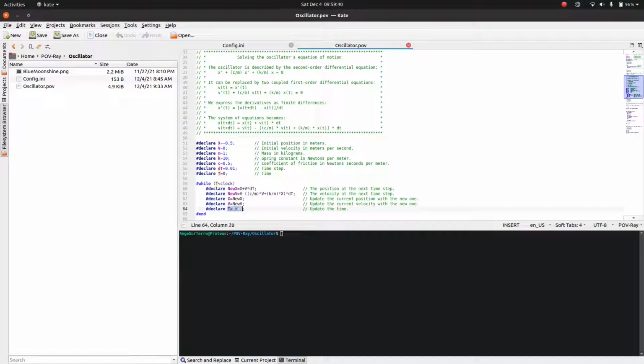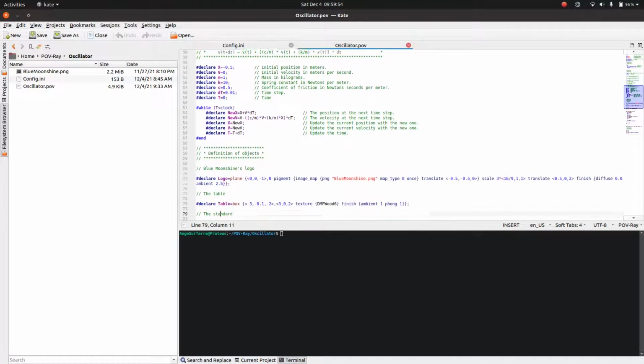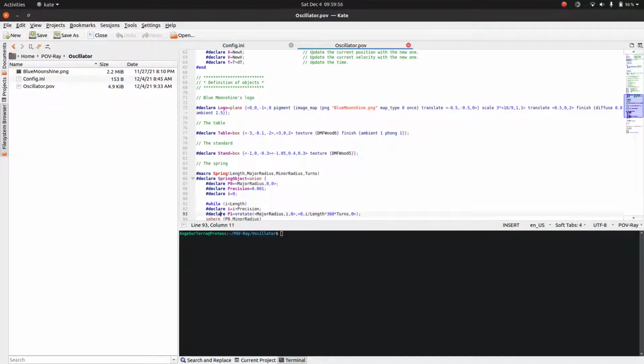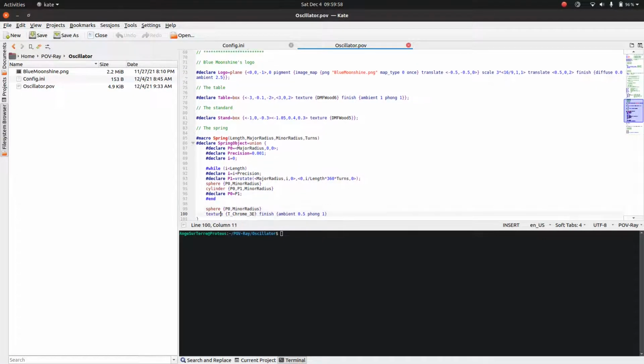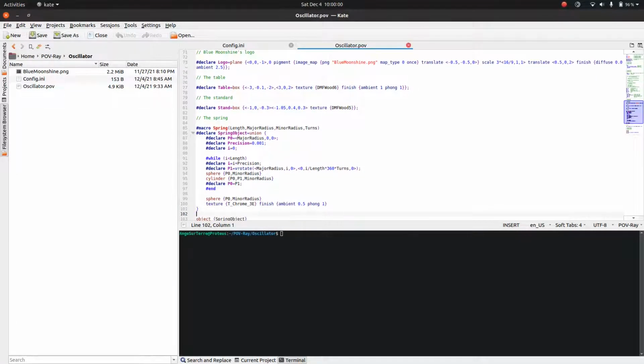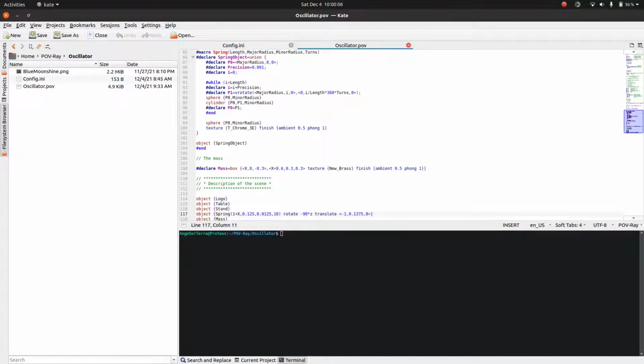We increment here our time step and we loop until the time of the simulation reaches the current value of the clock. And then when we render the picture, we use this value of x for the position of the mass.